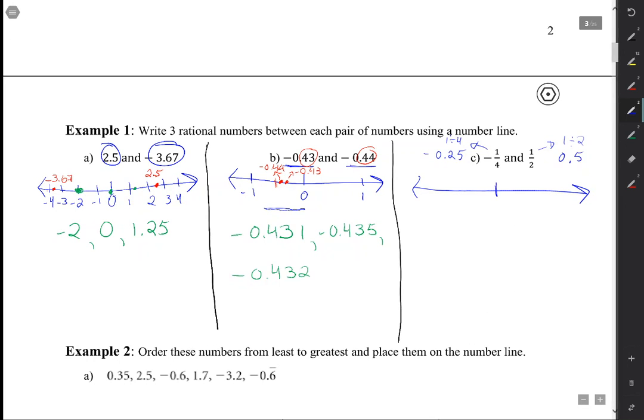So now let's plot those on our little number line here. I'm going to zoom in this number line a little bit again. Okay, so we have -0.25. So that is going to be approximately there. So here's our -1/4. And over here we have 0.5. So that's right in the middle. Oh, here, let me put a little 0 here. 1/2. So now we just need 3 numbers in between those two there.